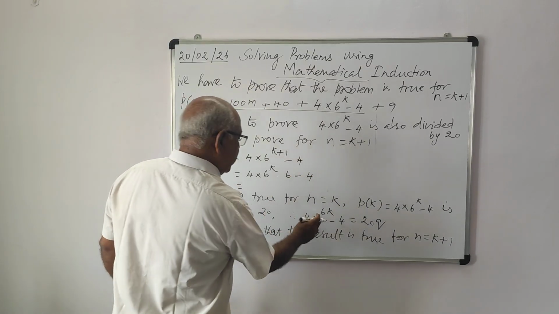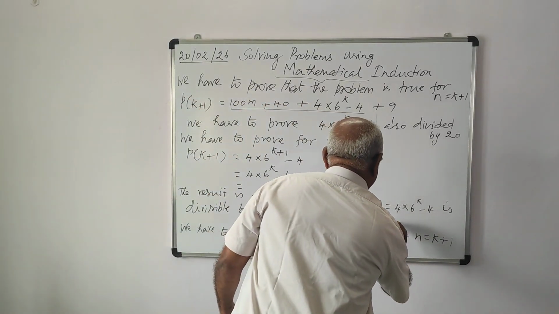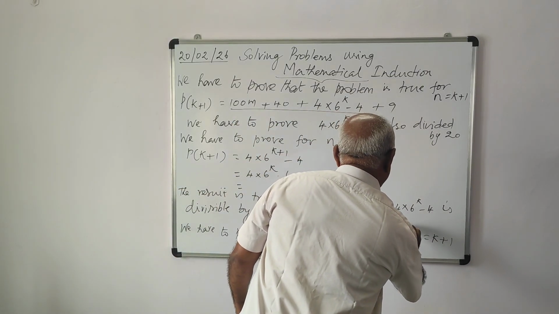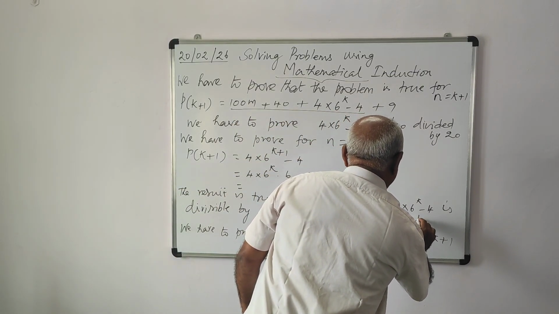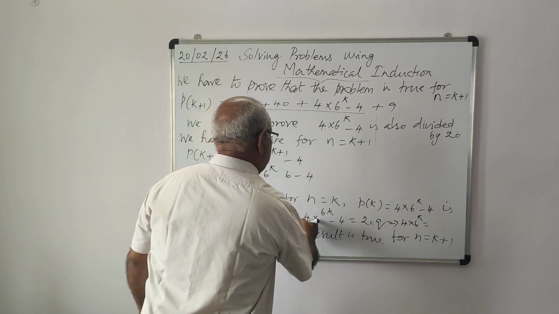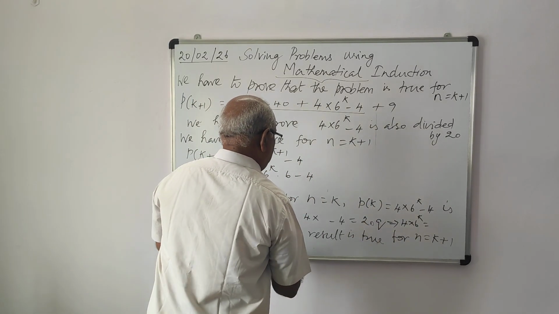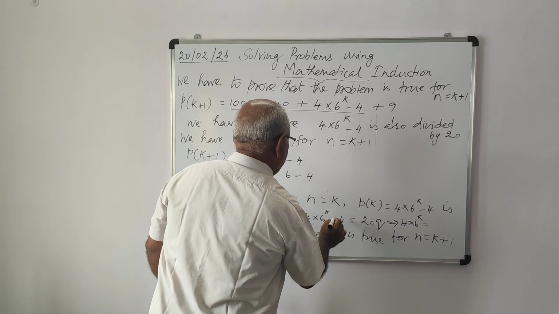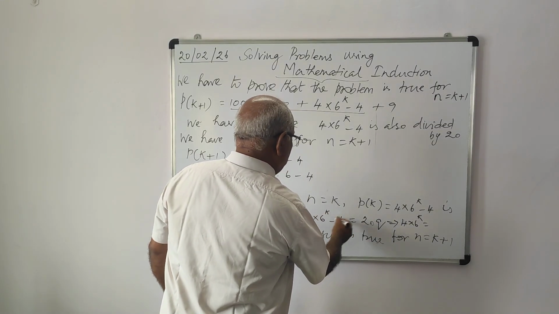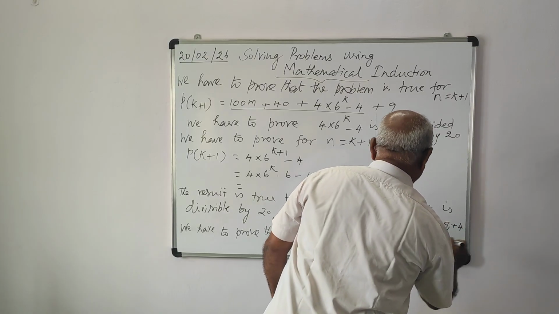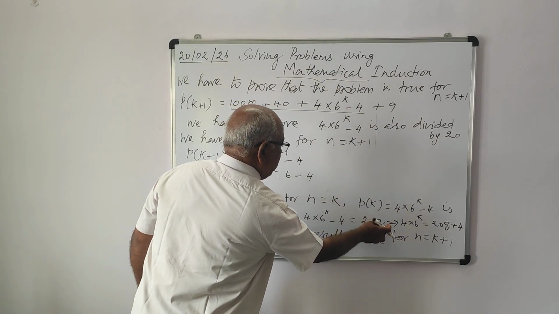This 4 into 6 power k can be expressed from this expression. 4 into 6 power k equal to 20q plus 4. This minus 4 can be brought to the right hand side.